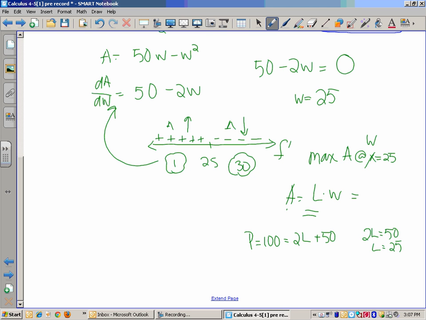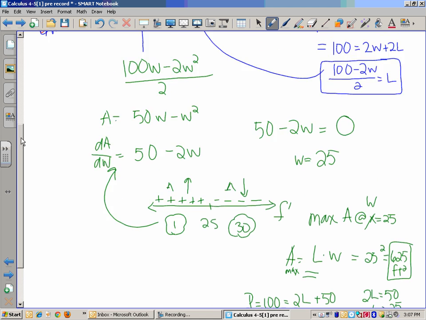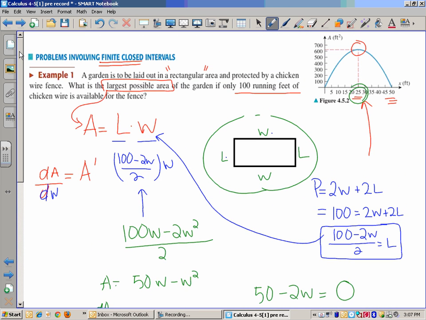So my area maximum is at 25 squared, which is equal to 625 square feet. Now, I'm coming up here. I want to look at the graph, and I want to see that this number right here looks pretty darn close to 625. Okay, looks very, very close to 625.